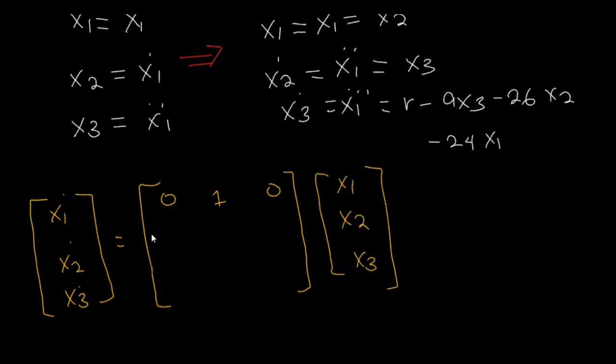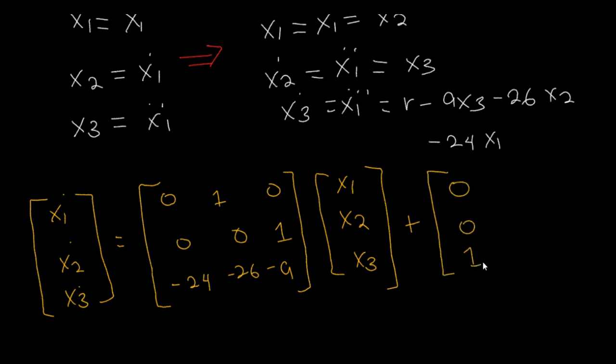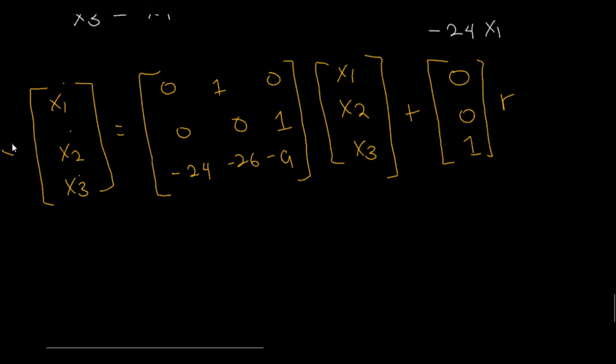And then x2 dot is x3, so 0, 0, 1, and then last, so minus 24, minus 26, minus 9, and then for the input, so 0, 0, 1, and then r. Okay? So tapos na tayo dito sa state equation natin.